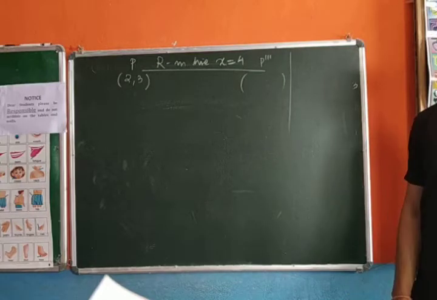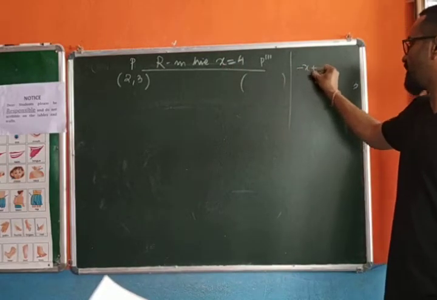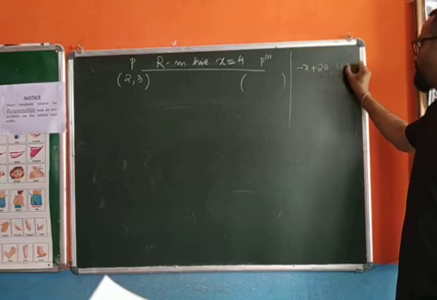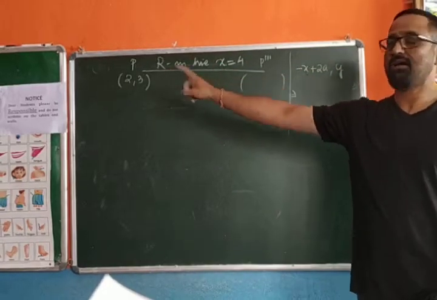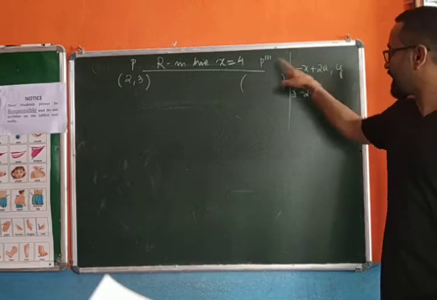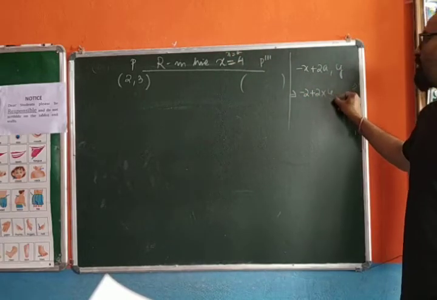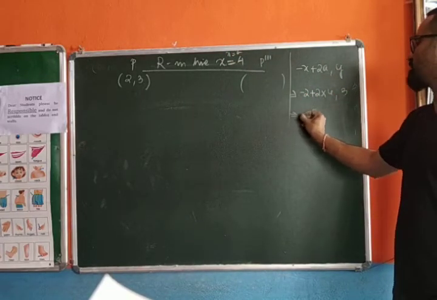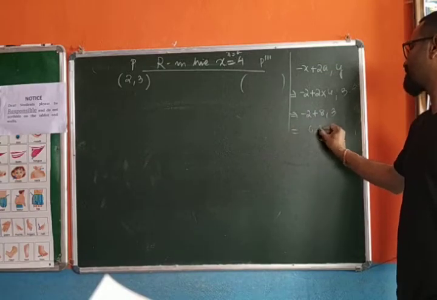When a point is getting reflected in the line x equal to a, it is minus x plus 2a, y. X is the abscissa, minus 2 plus 2 into a is here. A is 4, y is 3. Simplify this: minus 2 plus 8, 3, which equals 6, 3.